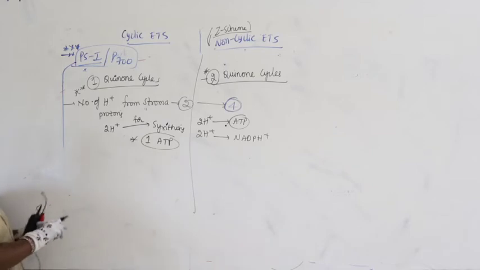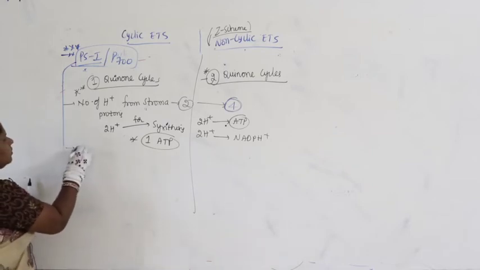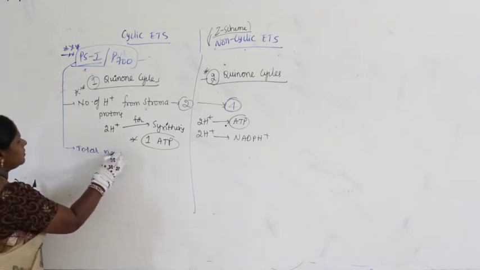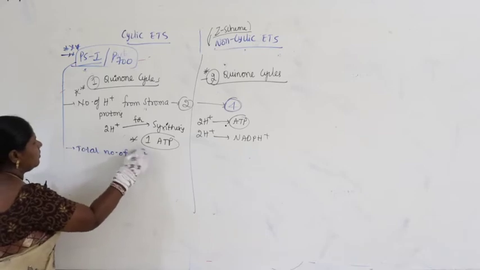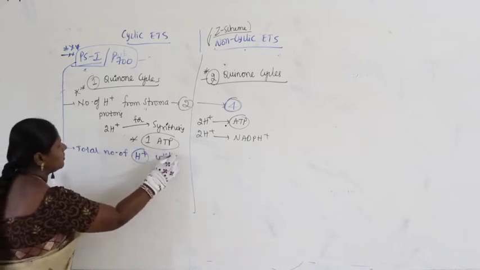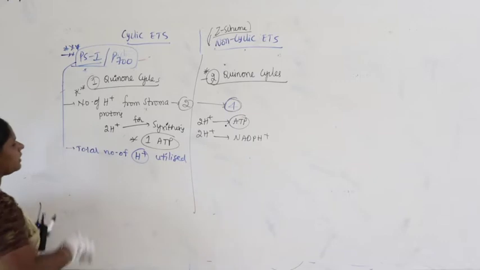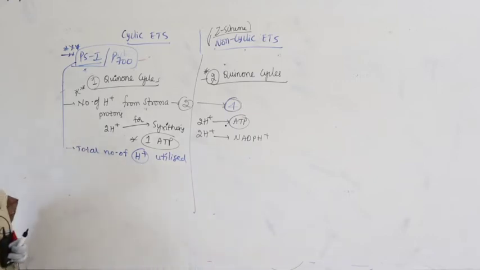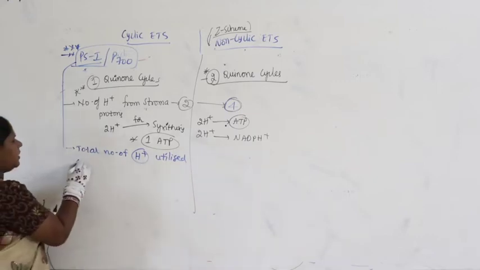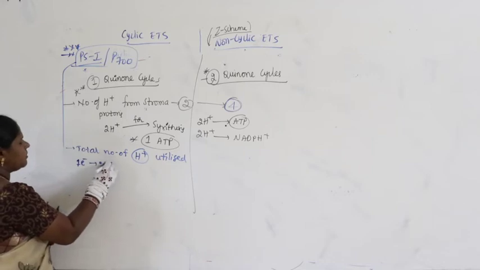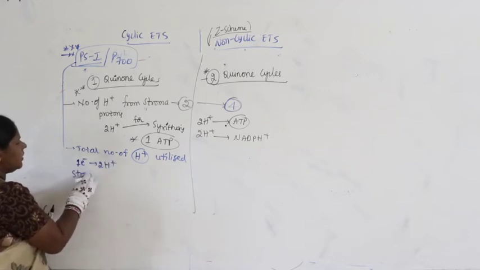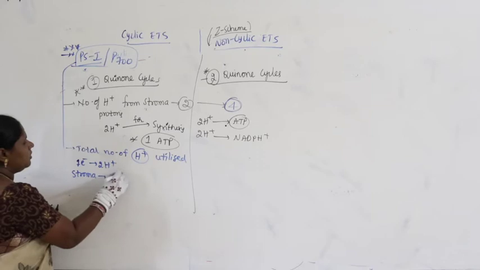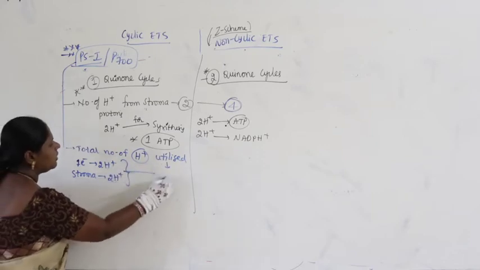Yes. So now the question is, total number of protons used or utilized in the cyclic electron transport system. What are the total number of electrons? So 1 electron giving 2 protons, stroma is giving 2 protons. Total number of protons, how many?